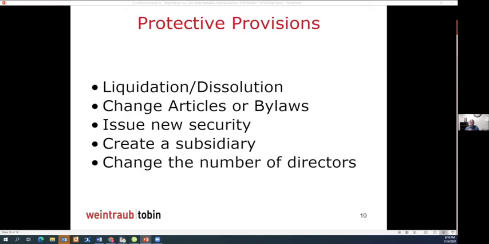So if you've got a series of rounds and these preferred shares are diluted, or if your initial investor sells off some of their shares to somebody else and drops below some threshold that you've established, at a certain point it doesn't make sense for them to have the same outsized control that they had before when they were such a big part of the company. If they're down to, I'm literally holding one share, maybe they shouldn't be able to veto all of these things that are so fundamental to the company, because you're no longer involved in the same way that you were before.